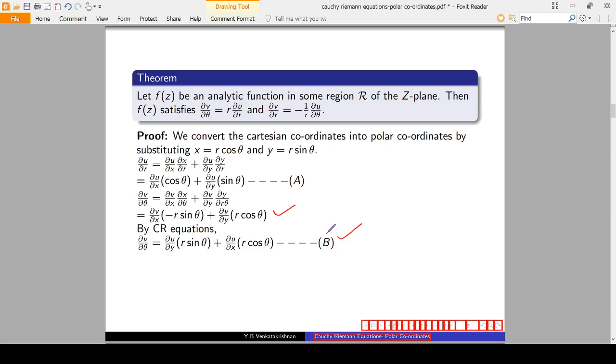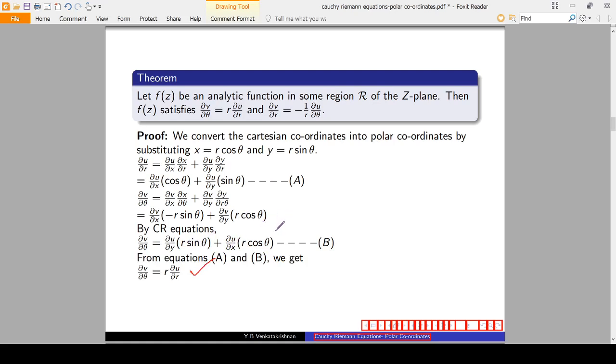Dou v by dou theta is equal to dou u by dou y into r sin theta plus dou u by dou x into r cos theta. Now when you compare these two equations, the right hand sides of A and B are the same, except you have a multiple of r in equation B. Rest it is going to be equation A. So when I compare equations A and B, I get the first CR equation in polar form.